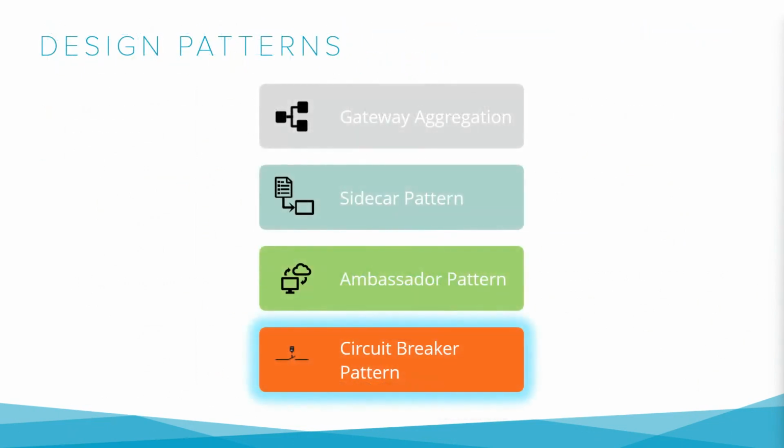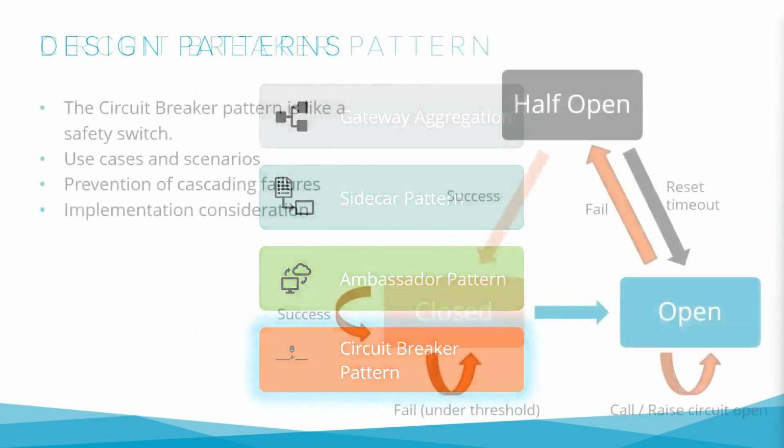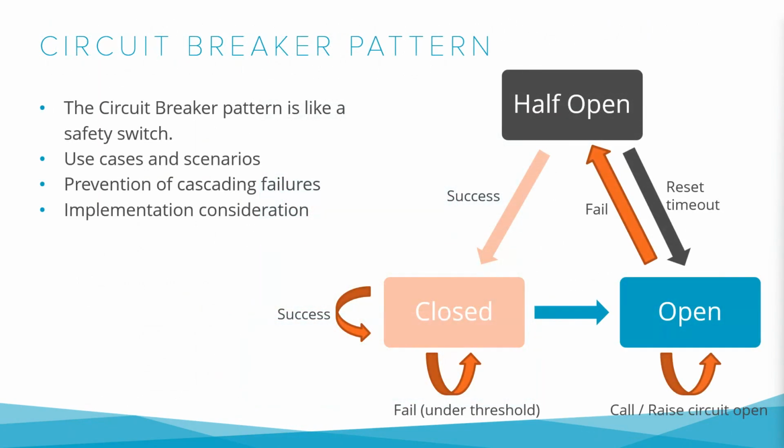Let's move on to the last one. The pattern that I am going to discuss is the trickiest pattern in today's discussion, the circuit breaker pattern. The circuit breaker pattern acts as a safety mechanism that helps prevent cascading failures by monitoring and controlling the flow of requests between components.